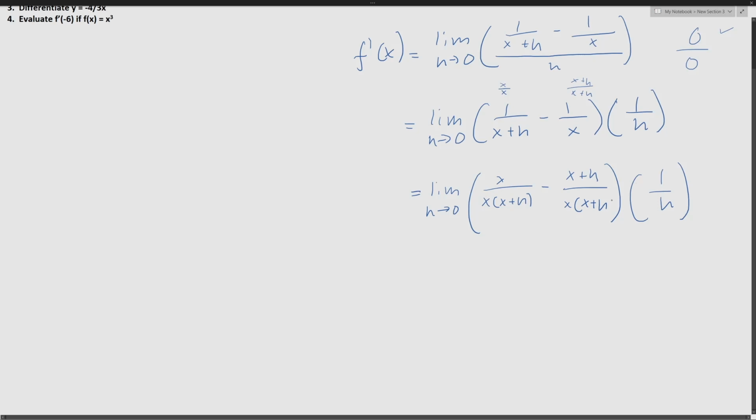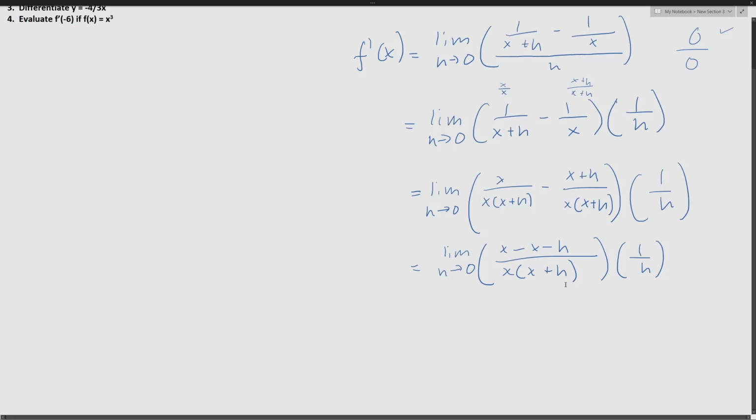From here, we actually see that the denominators are the same, which is what we're trying to achieve here. And now we can actually subtract one from another. And so we get the limit as h approaches 0 of x minus x minus h, over x times x plus h. And this is all still multiplied by the same fraction.